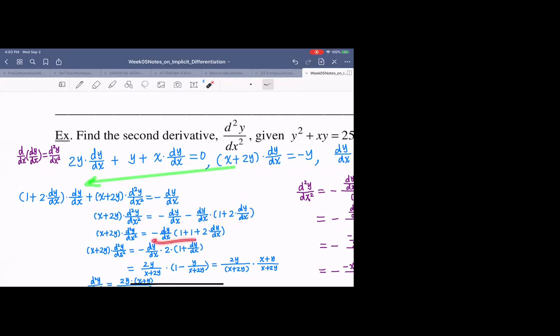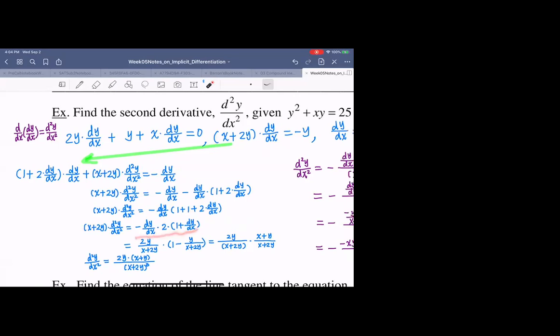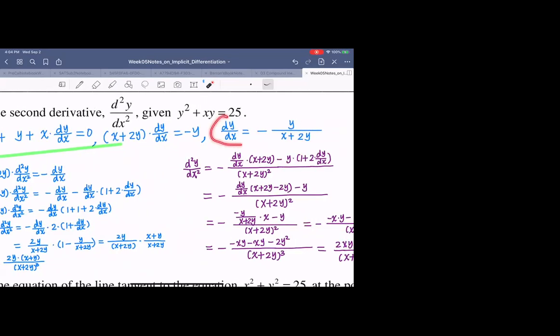Do you have this one correct? Good, that's very good. Next, I take the 2 out. So 1 plus 1, I take the 2 out. This becomes 1 plus dy over dx.